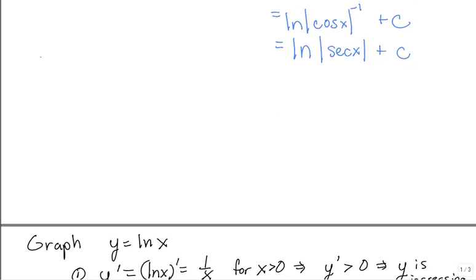Now, the question is, where does that absolute value come from? So what we have to remember is that the ln of the absolute value of u is the integral of 1 over t dt.